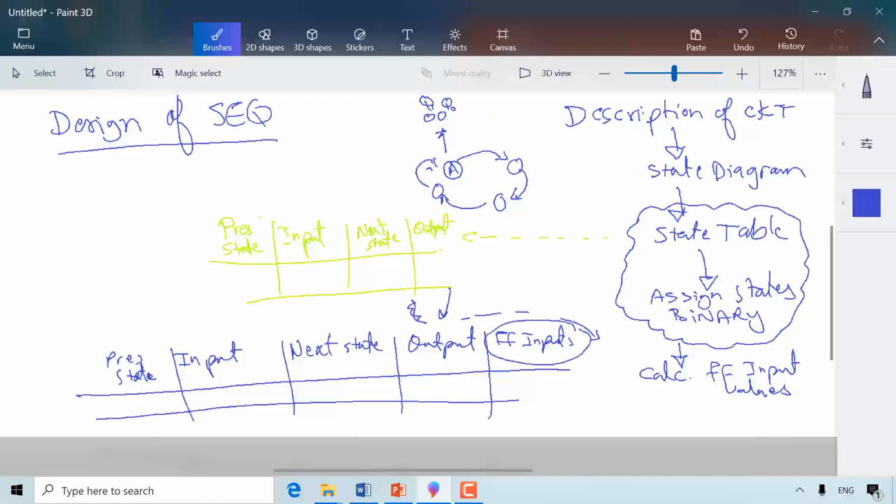And for those flip-flop inputs, we minimize them with K-maps, and then finally we draw the circuit.